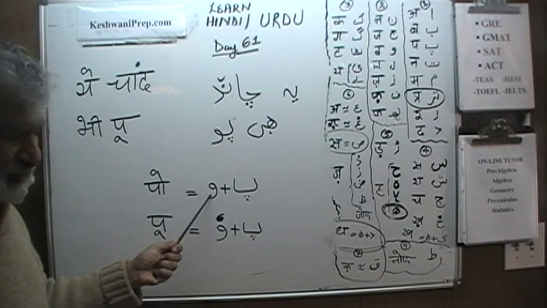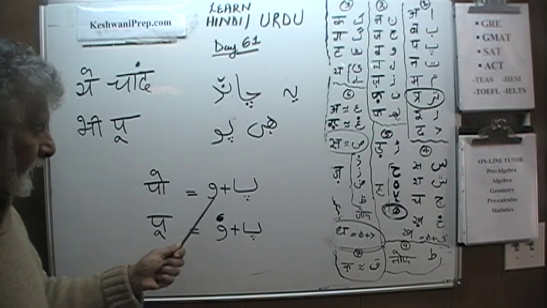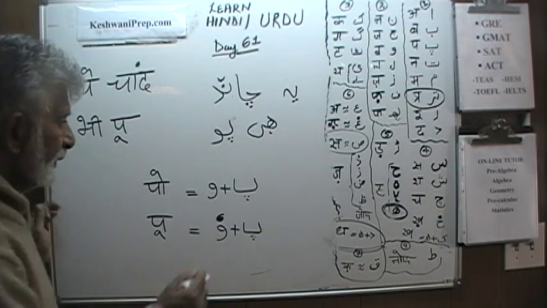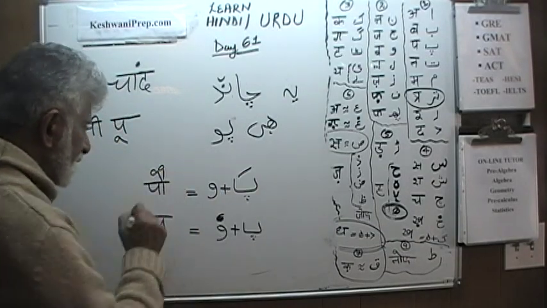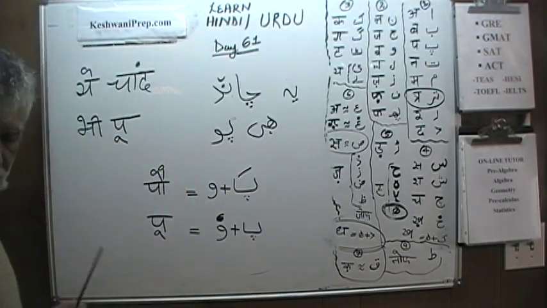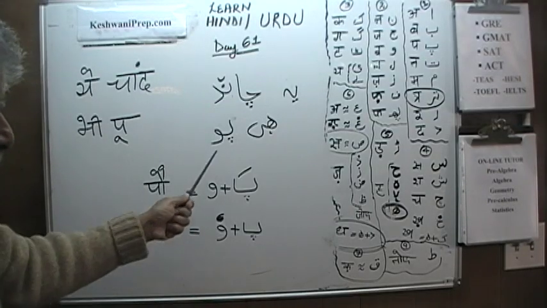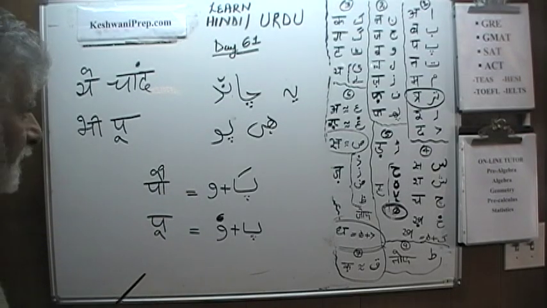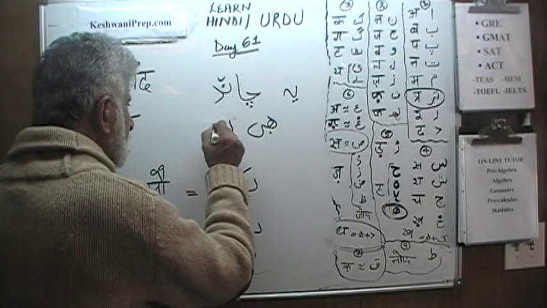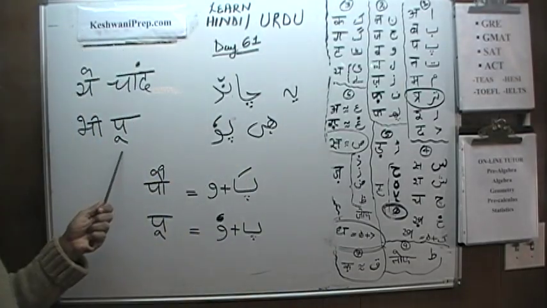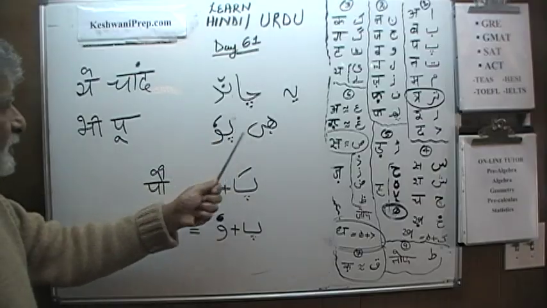That's a choti o ki matra. This is badi u ki matra. If you wanted a badi o ki matra, you will simply put a zabar on it. You see? Minute differences make a difference here. You need this ulta pesh. So far it says po. We're not looking for po. We're looking for a pu, as you can see right here. Badi u ki matra.